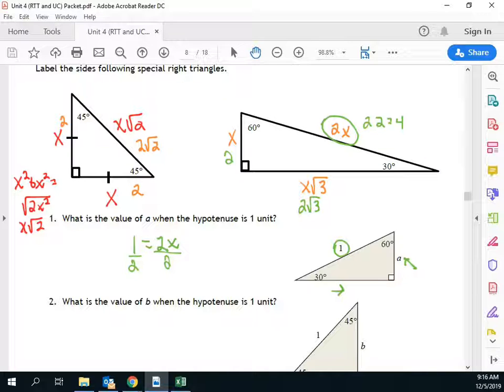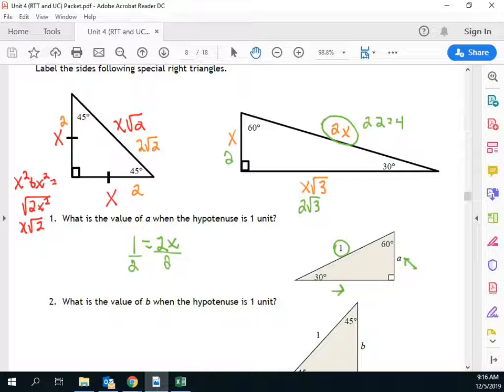So that means that x is 1/2. Now that I know x is 1/2, guys, I can go back to here and plug in 1/2 for x. And what we've done is we've found the leg lengths of a right triangle if the hypotenuse is 1 unit long or has a length of 1.